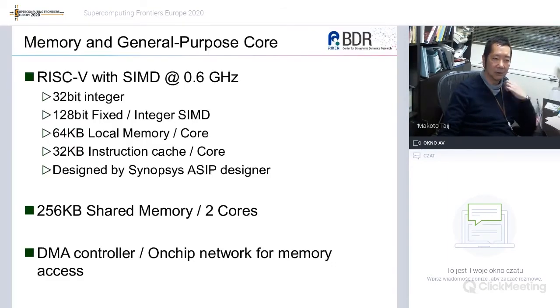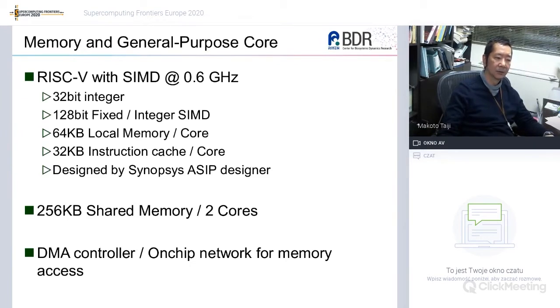For the memory and general purpose core part, we use a RISC-V processor, which was introduced by Carissa in the previous talk. We expanded it with SIMD. It operates at 0.6 GHz. Our processor has 32-bit integer. It's very standard RISC-V, and as an extension, we have 128-bit four-way fixed point integer SIMD.